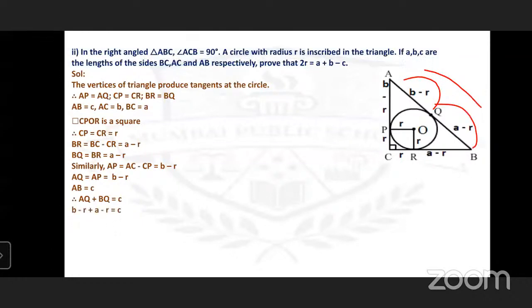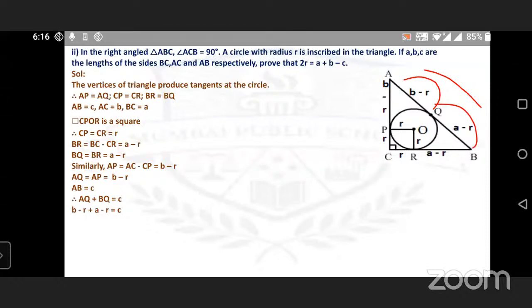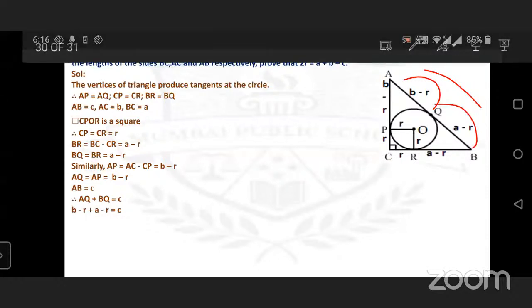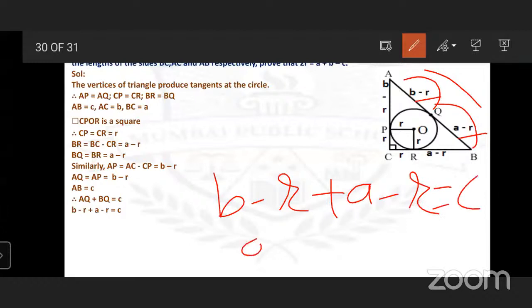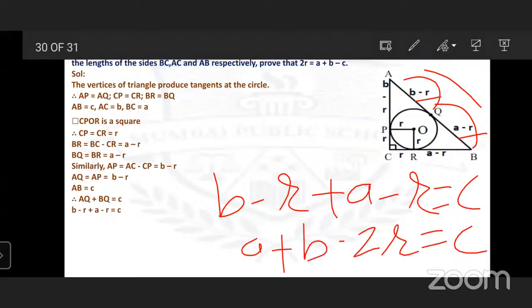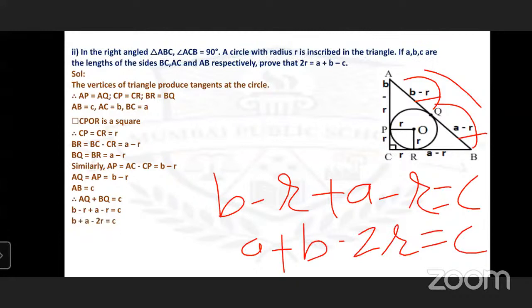Now again we find this side is equal to, yes, b minus R plus a minus R is equal to c, right? So here we write a plus b minus 2R is equal to c. Okay, now here we write b plus a minus 2R is equal to c.